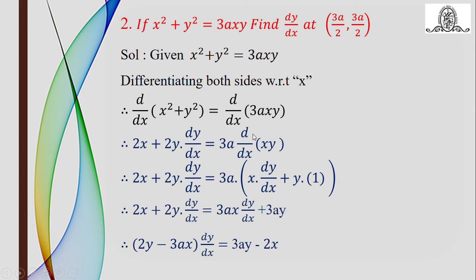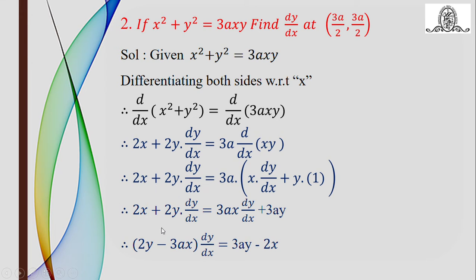The formula is first constant, means x constant, into the derivative of the second, d by dx of y, which is dy by dx, plus y constant, means the second function constant, into the derivative of the first, d by dx of x, which is 1. This way you will write the derivative of x into y, which is a product. Left hand side is still as it is there.